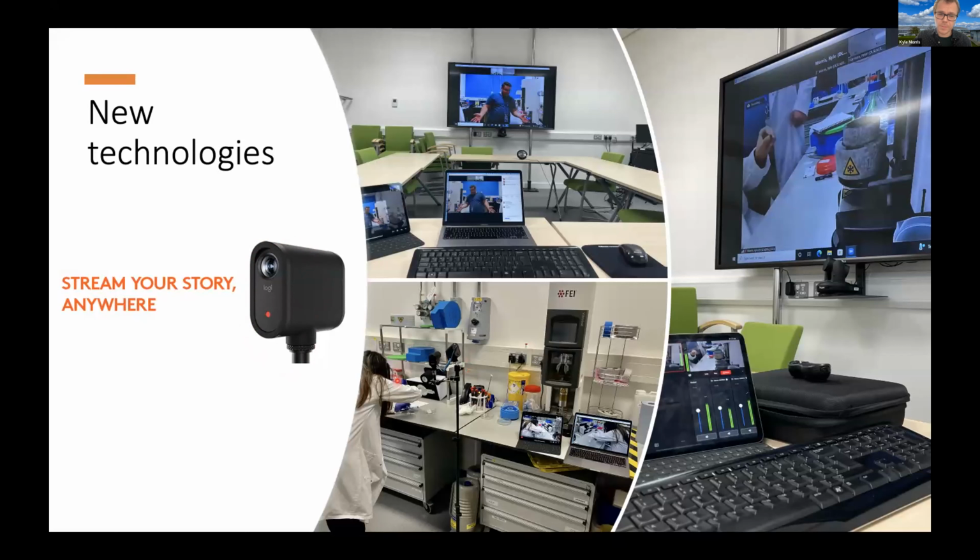We can focus them on an instructor doing something in the lab, and we can broadcast that to another room, or we can broadcast it to Zoom. And the point there is that if you have an instrument, particularly something that is hands-on, where it's very difficult to get lots of people around this instrument, we can broadcast it to a room where multiple other people can watch, and then we can swap those people around. So everybody gets hands-on time, but everybody gets to see at the same time.